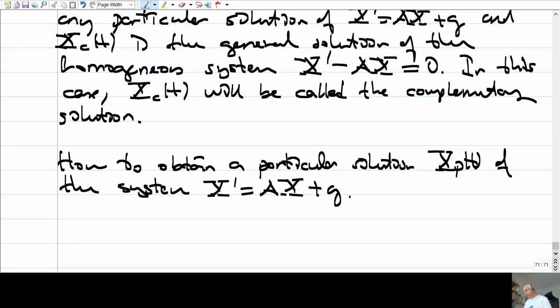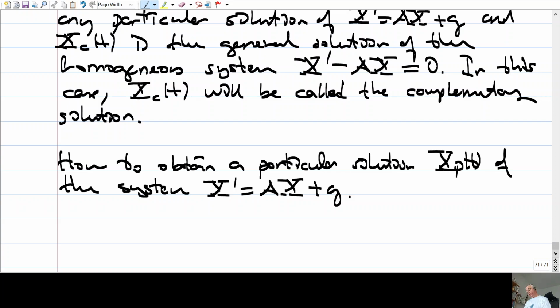There are, I guess, about four different methods in the book. I will only give one of them, because it works for all cases. One of them is called diagonalization, but it works only for systems which are diagonalizable.